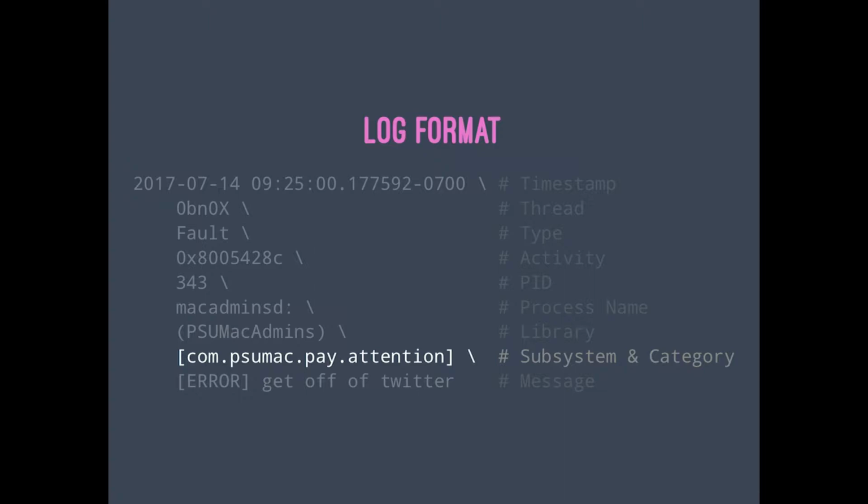This will come up again later, but I just want to mention here that the subsystem also has a category, which is almost like a subsystem of the subsystem. So you can have multiple categories per subsystem, and you could essentially tag a specific type of event within a subsystem itself. Similarly to the timestamp, this allows you to be more efficient with your log collecting if you're looking at a specific subsystem rather than the entire OS.